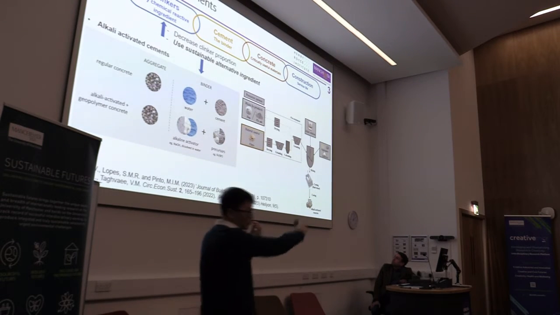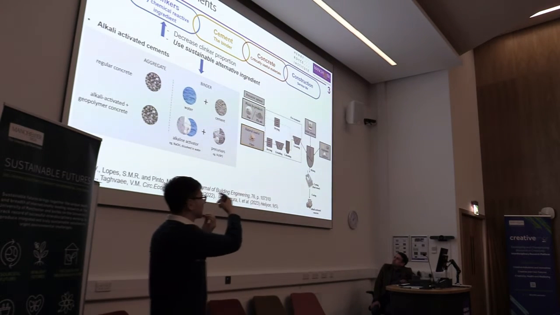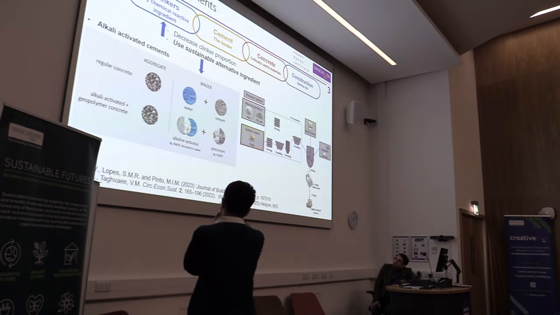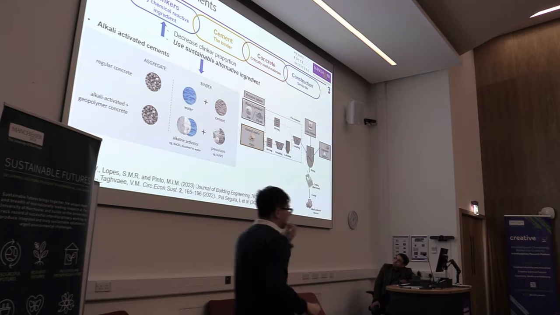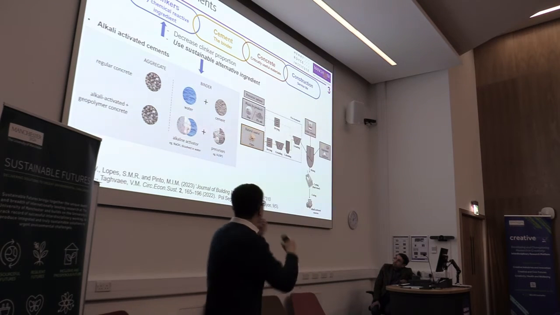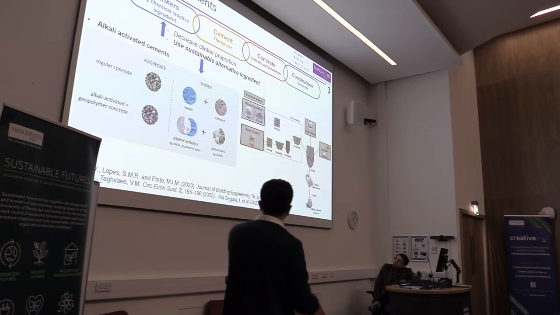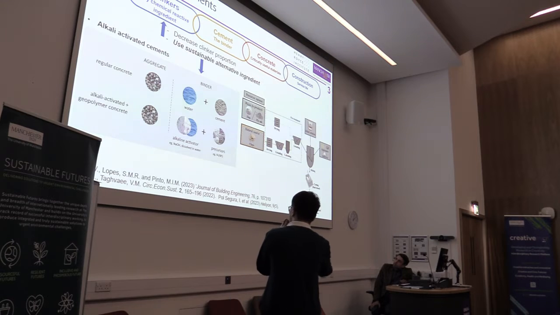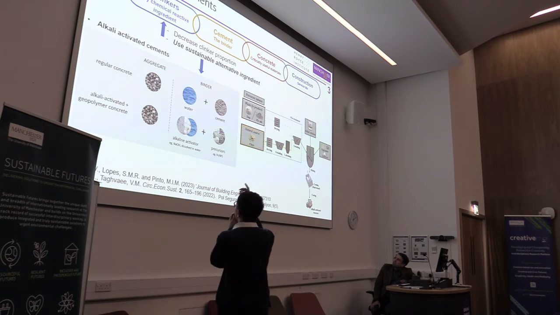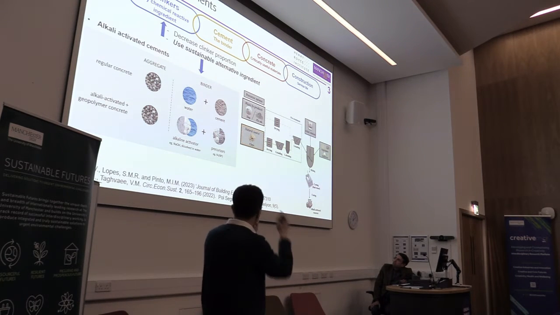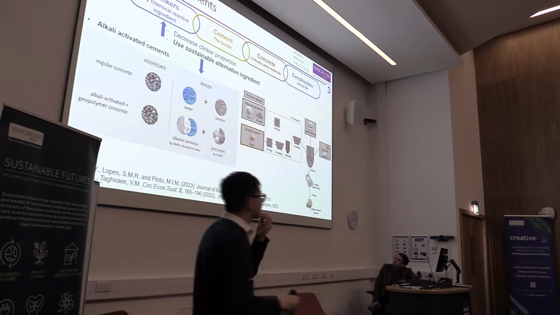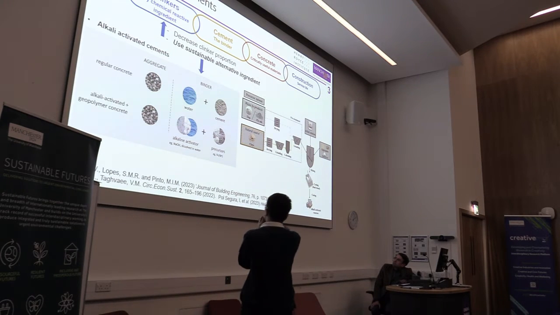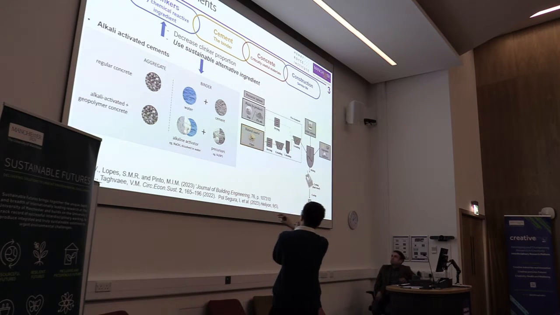This is the topic of circular economy in the cement industry. Alkaline activated cement is a kind of cement that uses sustainable alternative ingredients. It's produced by mixing an alkaline activator and some precursor. There are many sources of precursor.